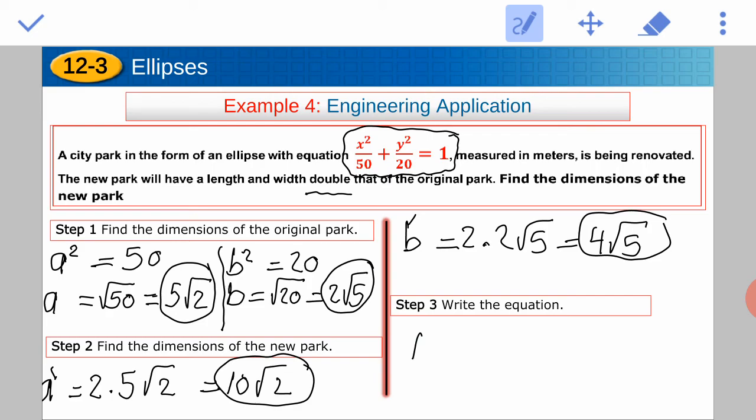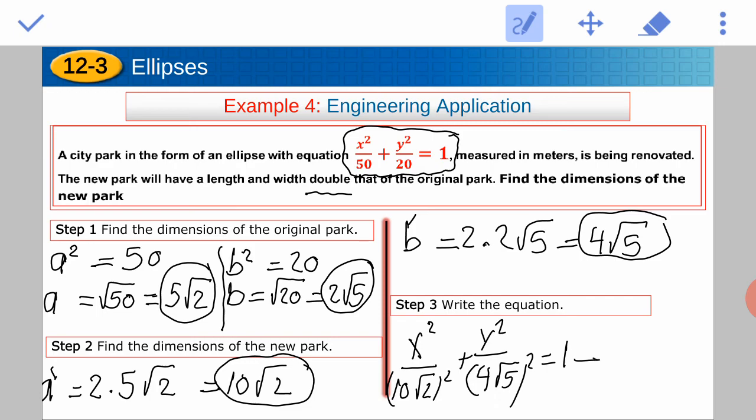And the equation is x squared over the square of this quantity, 10 square root of 2 all squared, plus y squared over 4 square root of 5 all squared. Remember the parentheses around everything, and everything equals 1.